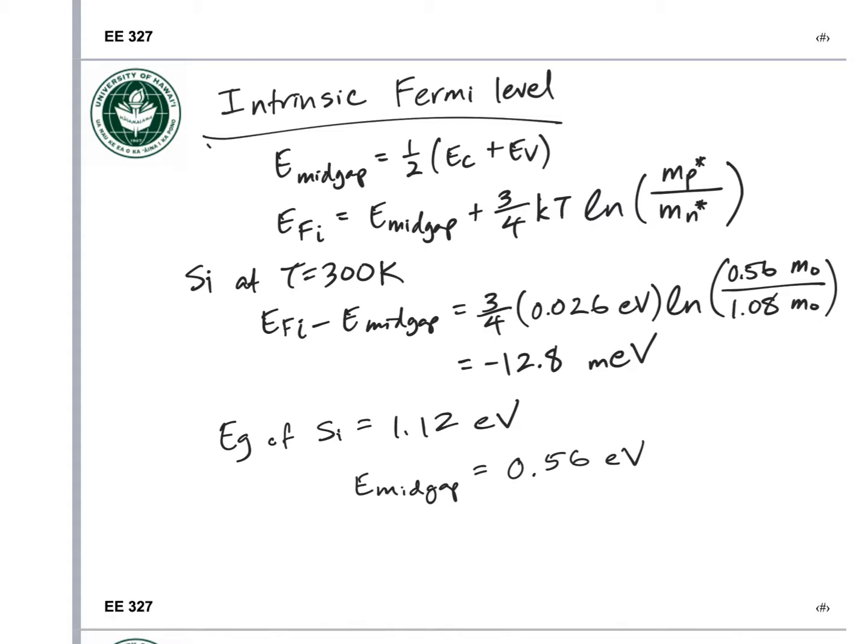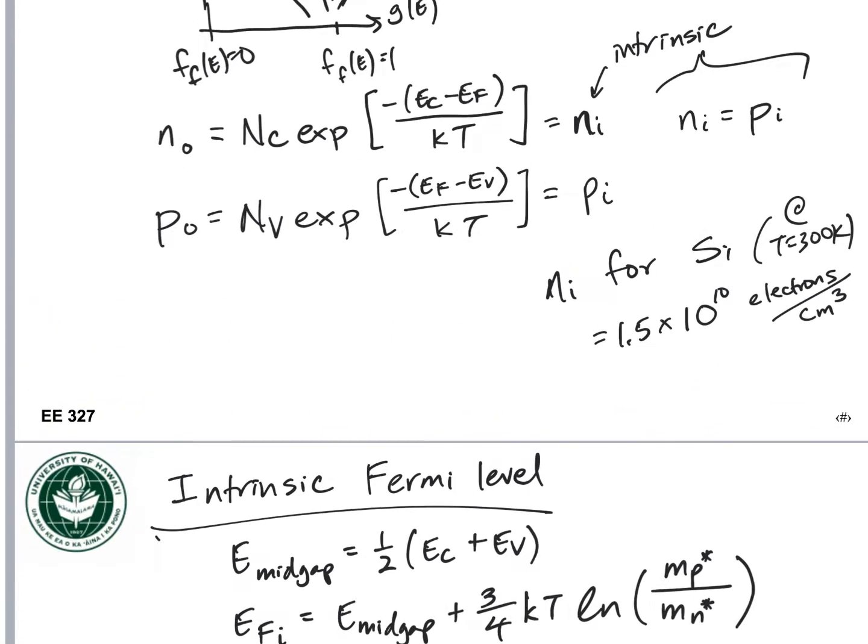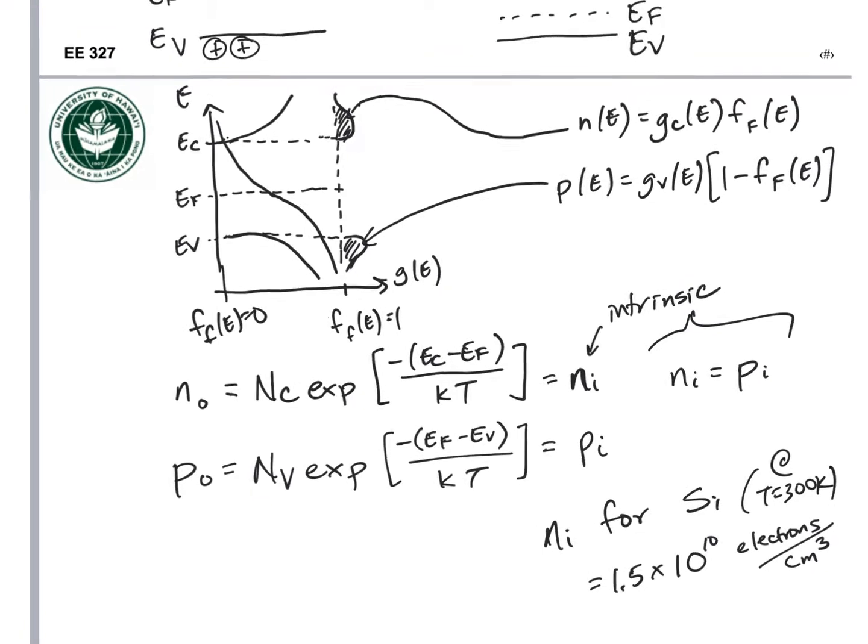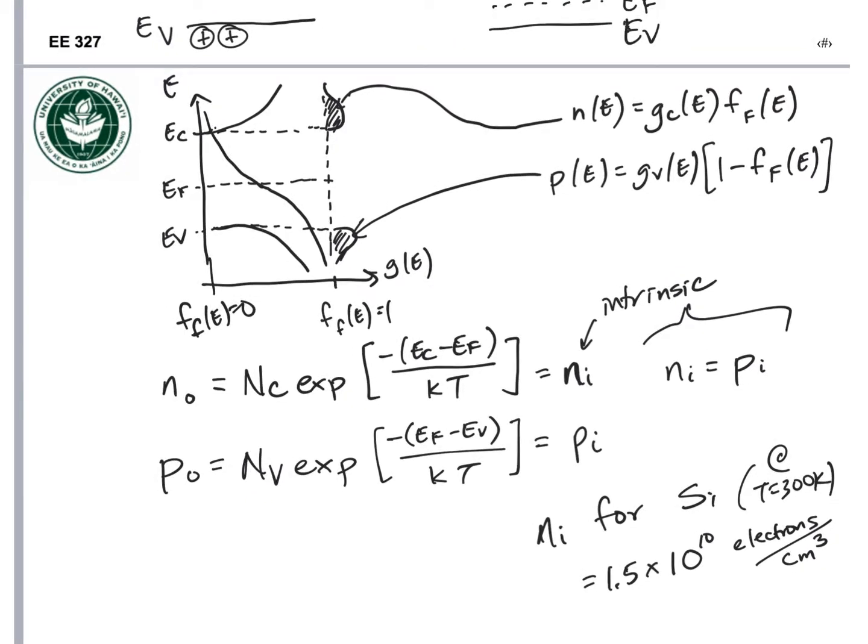Let's go back a little bit. So for our intrinsic semiconductor, we figured out the number of electrons available per unit volume. But this is for our intrinsic semiconductor.